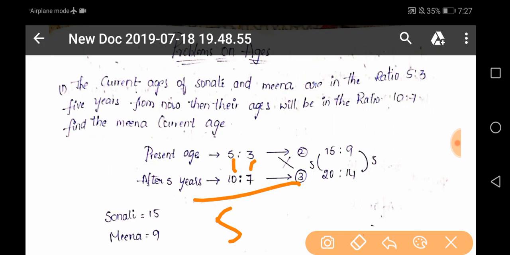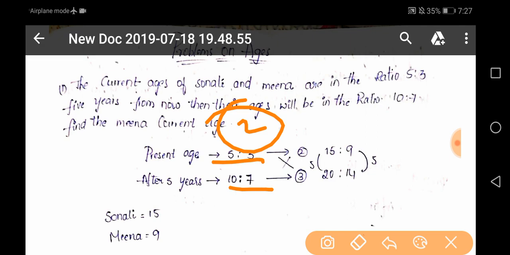The difference between 5 and 3 is 2, and between 10 and 7 is 3. When the difference is different, the normal process takes a lot of time, so it is better to do this type of problem another way.